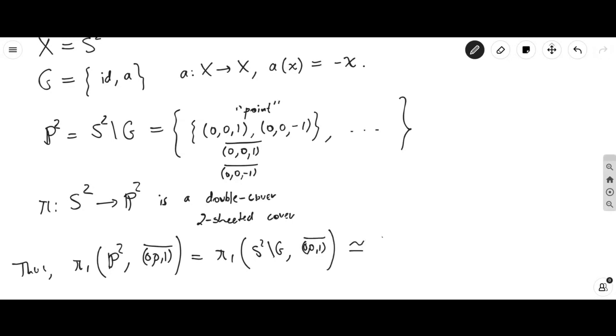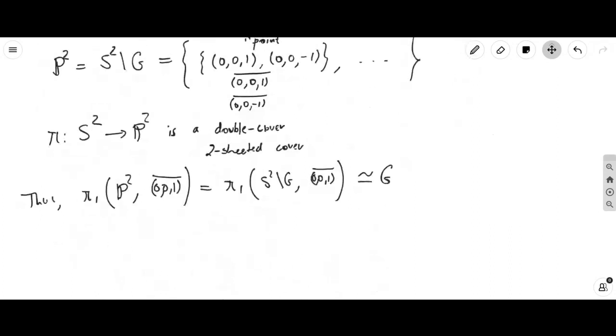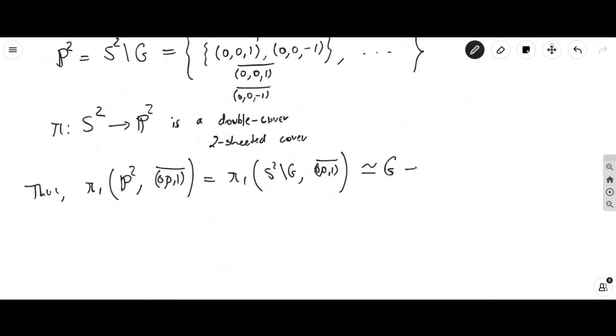And this is isomorphic to G, and G contains two automorphisms. The antipodal one satisfies the property that if you compose it twice, you get the identity, because the negative of the negative would be itself. So this group is the group of two elements. So this is Z mod 2. So that's what it is as a group.